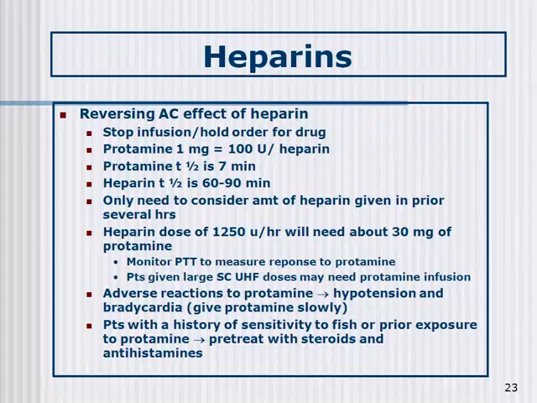If you look at the last 2.5 hours, you've given somewhere around 3,000 units of heparin. You've given 2,500 over the last 2 hours, and then another 675 units. So 30 milligrams of protamine would be sufficient to neutralize 3,000 units of unfractionated heparin.